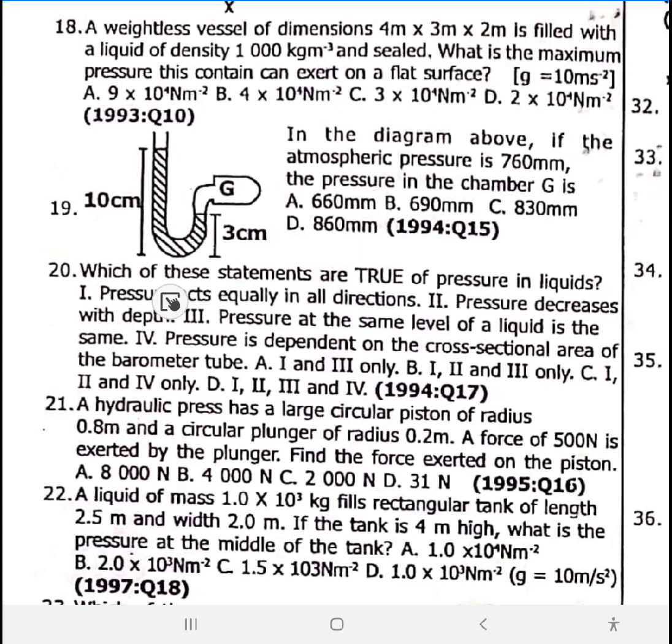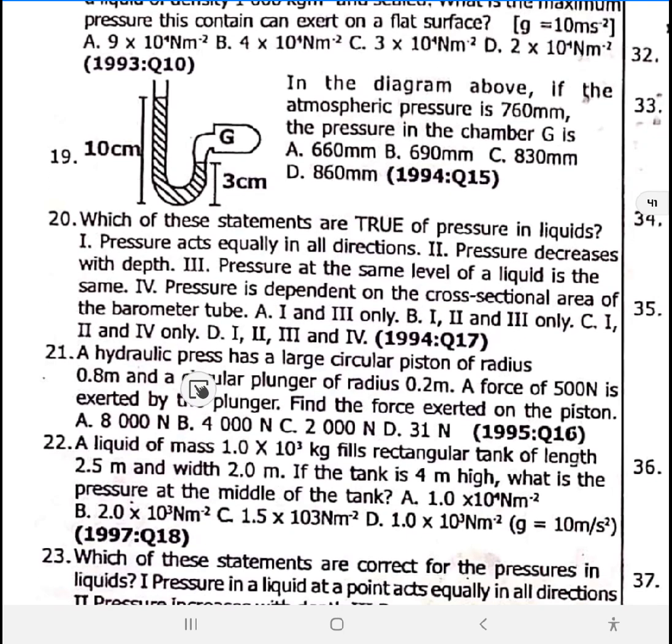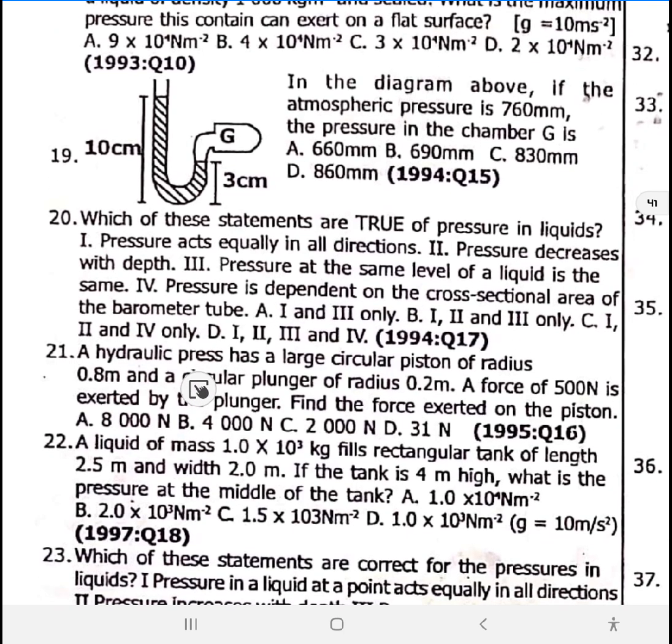Which of these statements are true of pressure in liquid? I, and IV. First, pressure acts equally in all directions. Pressure decreases with depth, and IV, pressure is dependent on the cross-sectional area of the barometer tube. 20 is option C.